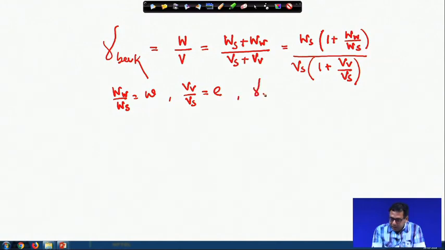And unit weight of solid is equal to G s into unit weight of water.